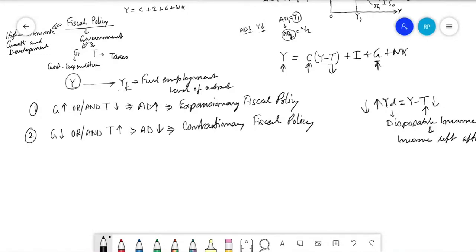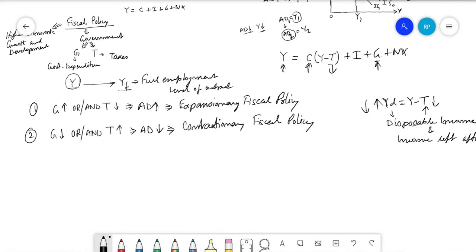So yes, fiscal policy you can categorize in two parts. One is known as expansionary fiscal policy and one is known as contractionary fiscal policy. So when you can say expansionary and when you can say contractionary depends on the steps taken by the government. If the government is going to increase the G or cut down the T, both at the same time or one of them, then these steps of government policy are known as expansionary fiscal policy.